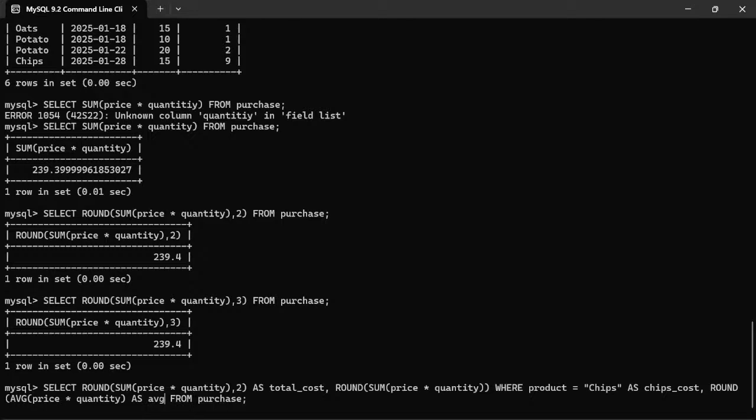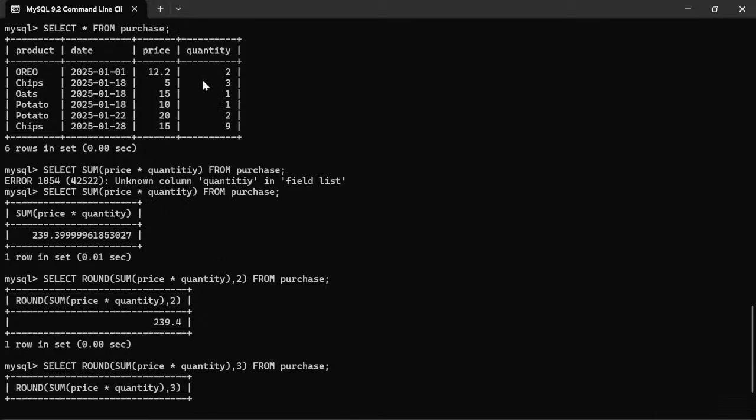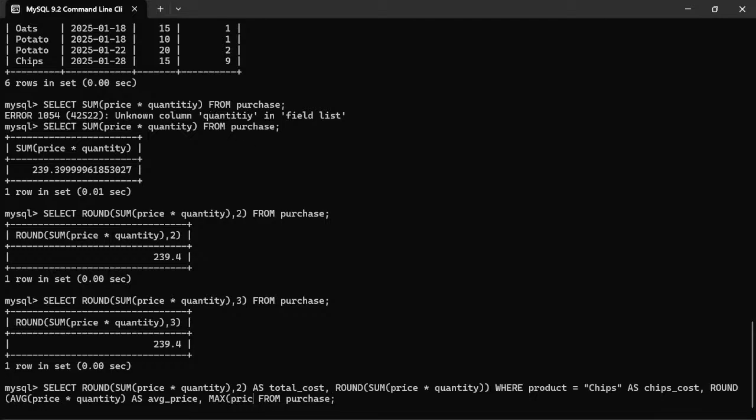And also if I want to find the maximum price, let's say maximum of the price as maximum high cost.